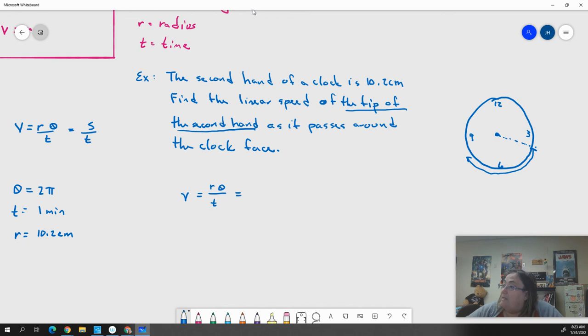And we know the radius is 10.2 centimeters, we know the theta is 2 pi, and we know the time is 1 minute. I guess we'd probably have to write that as 60 seconds, if we want it in seconds.